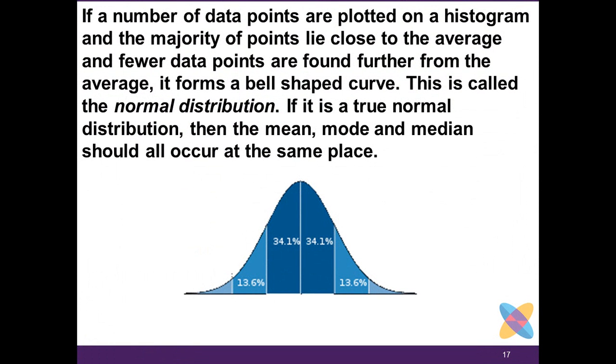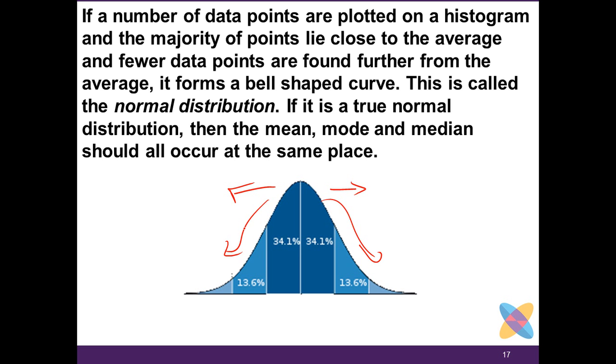Now, let's look at the shape of this graph. If the number of data points are plotted on a histogram, and if we could smooth that histogram out, and the majority of the points lie close to the average or the mean, and as we go in either direction from that mean we see that the number in those bins decreases, you get something that forms a bell-shaped curve.